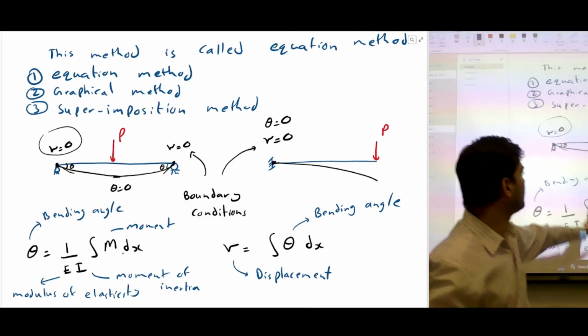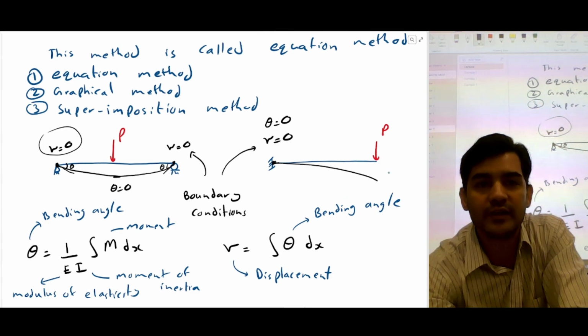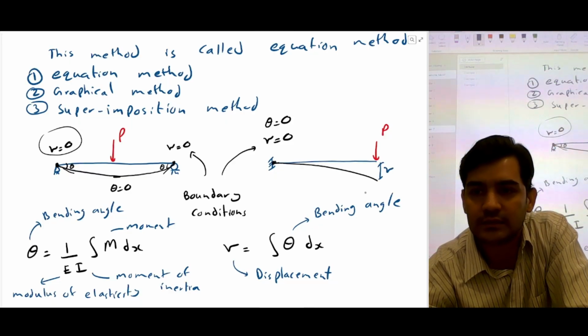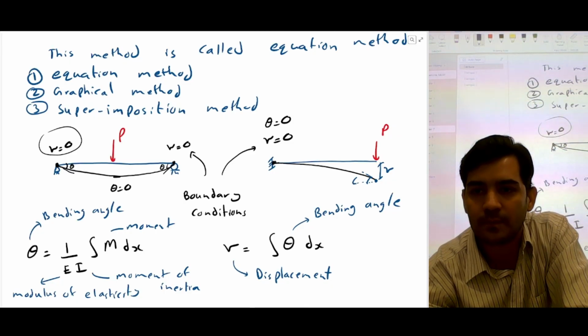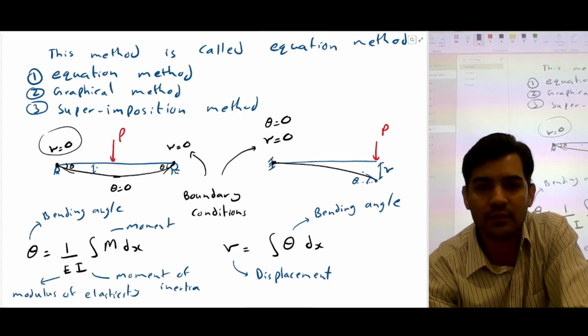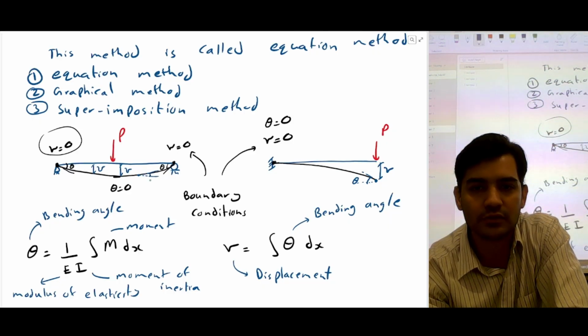And if I want to draw the bending angle and displacements on the figures, this is displacement, and if you draw a straight line and try to make a slope, this is bending angle. Anywhere, this is displacement, and the bending angle is actually the slope.